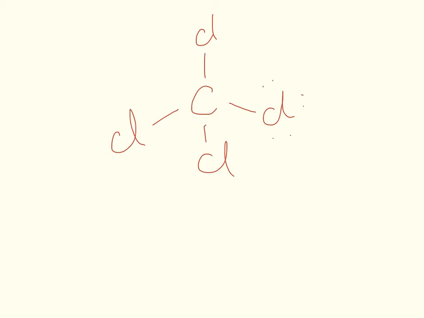An example would be carbon tetrachloride. This is a molecule of the type AX4E0. There are no lone pairs around the central atom and there are 4 terminal atoms. And if you think about it, the C-Cl bond is a polar bond.